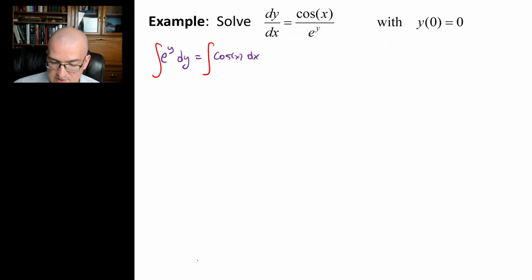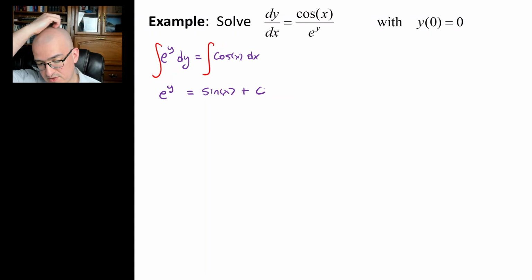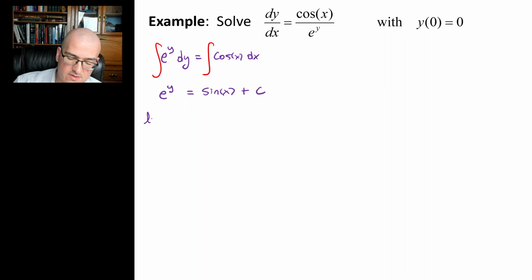Okay, antiderivative of e to the y with respect to y is just e to the y. Antiderivative of cosine of x is positive sine of x. And we'll put a plus c just on the right hand side. Next, how do we get y all by itself? Well, this time we have to take the log of both sides. So ln, natural log of the left side is equal to the ln, natural log of the right side, sine of x plus c.